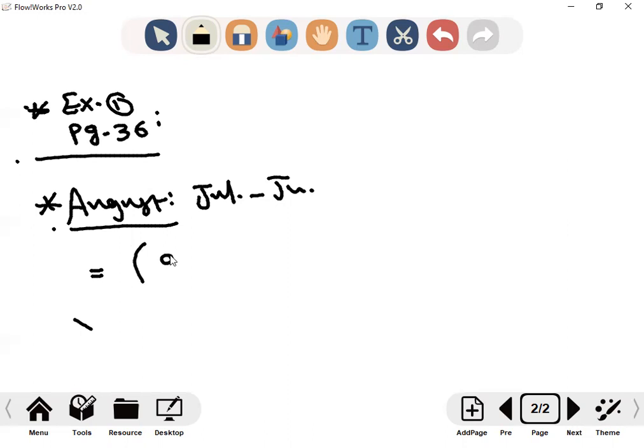So July 0.46 minus June 0.24. This is the amount of money for July minus the amount of money for June. From where? From the whole money, which is 180. So multiply 180.